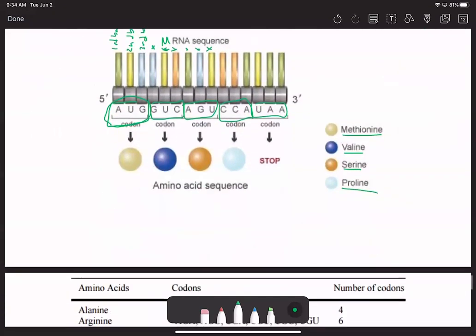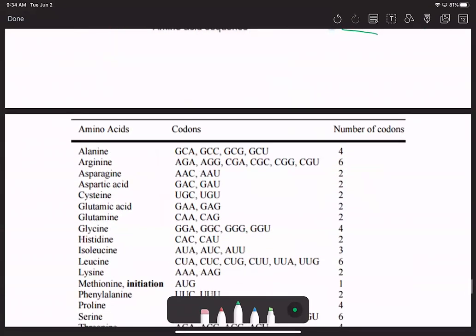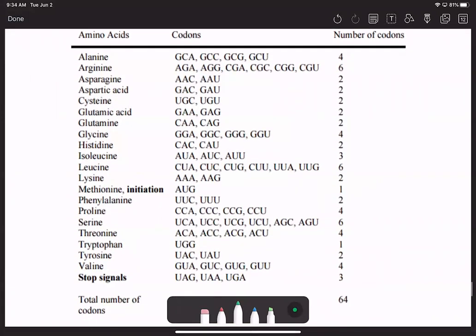So let's take a look at this first one. We have AUG. And if we go down this whole list here, here is AUG for methionine. Notice that some have 4, this one has 6, this one has 2, this one has 2, this one has 4.